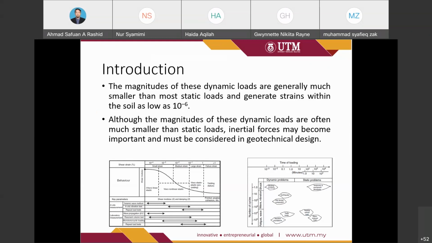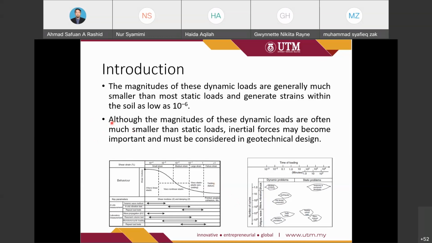But for failure, if we go up to 10 to the power of -1 or until 1, it can produce a large strain and show a yield or failure condition.